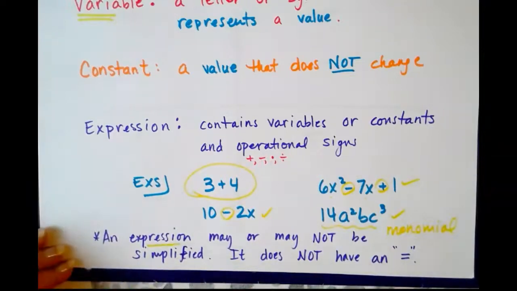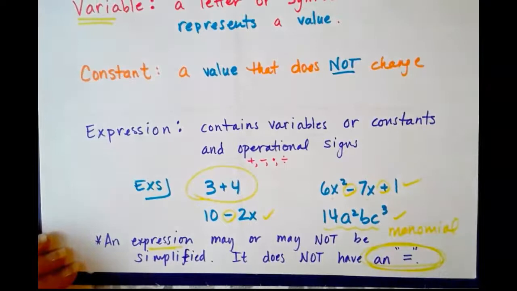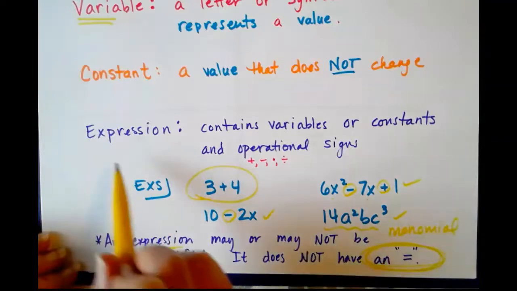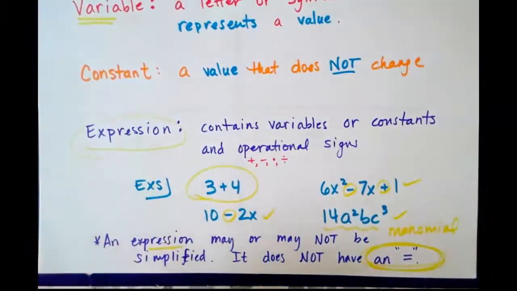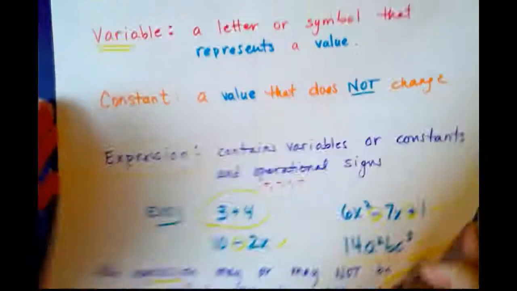An expression may or may not be simplified, and it does not have an equal sign. Lots of times in class I'll say it does not have a verb. These are not set equal to anything, therefore they are simply expressions.